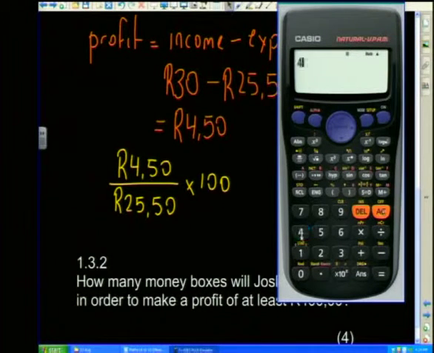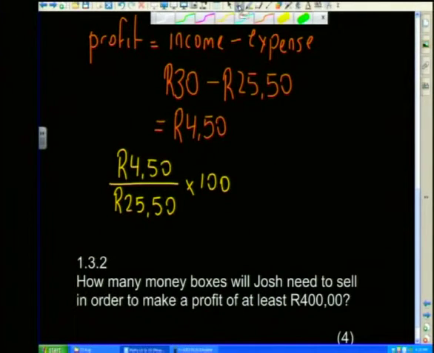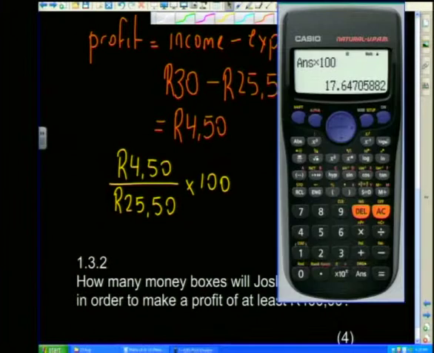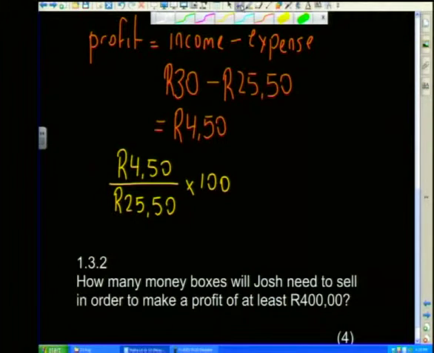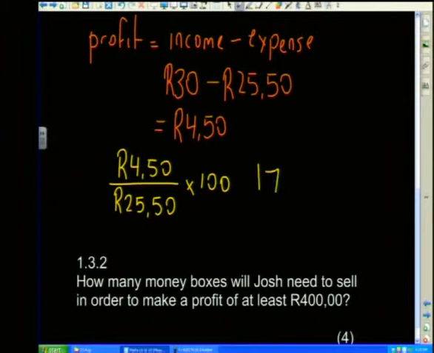And we're going to say 4 Rand 50 divided by 25 Rand 50 equals, and then times by 100. And we get 17.65%. As I said that number, I lost it. 17.65. Right, and that's his percentage profit.